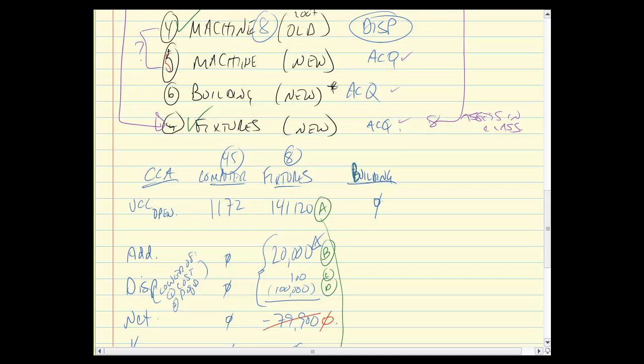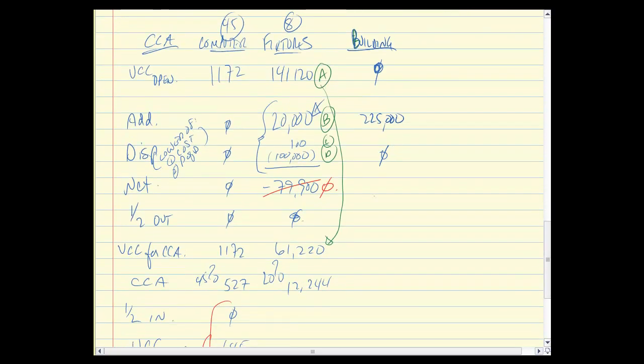Okay, it's a new asset class because it's a new building. So this is hypothetical. If we buy it, the additions will be 225. The dispositions of that class will be none. The net additions will be 225. The half year out will be 112,500. The UCC for CCA will be 112,500.